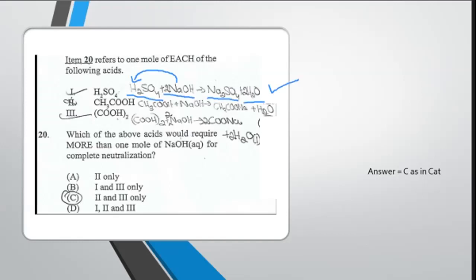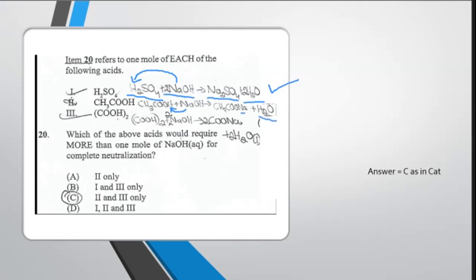We look at the second one. We have ethanoic acid. So you have CH3COOH plus NaOH. Again, the hydrogen in the ethanoic acid is replaced with the sodium, so I'll end up with CH3COONa plus H2O.